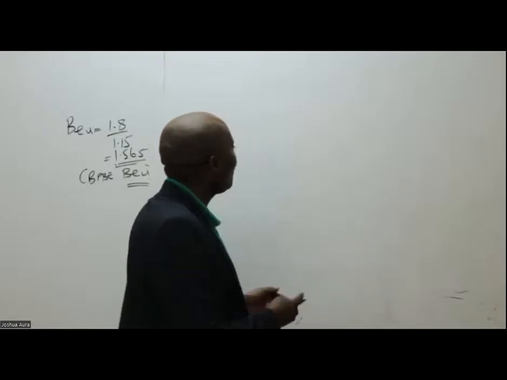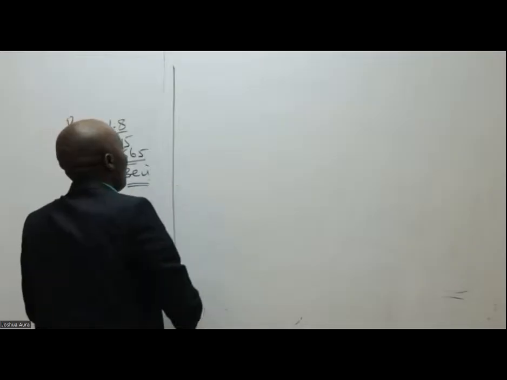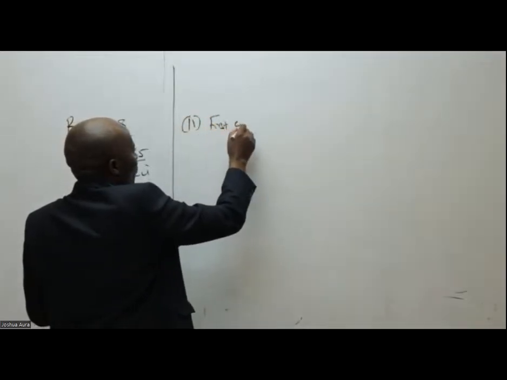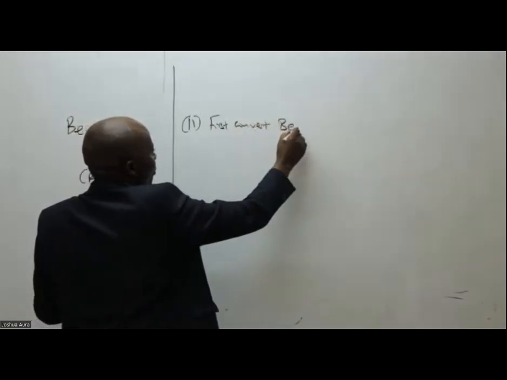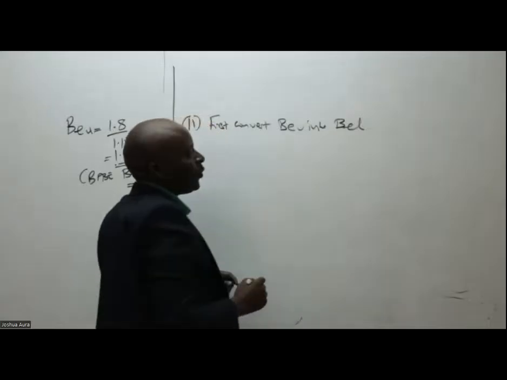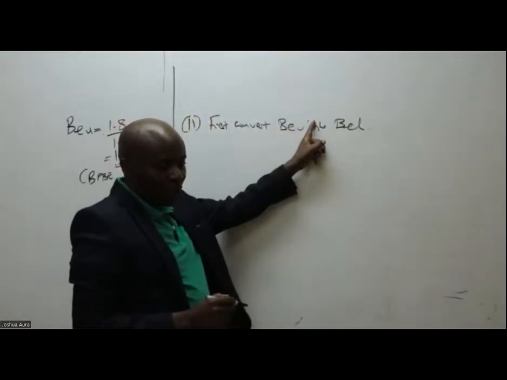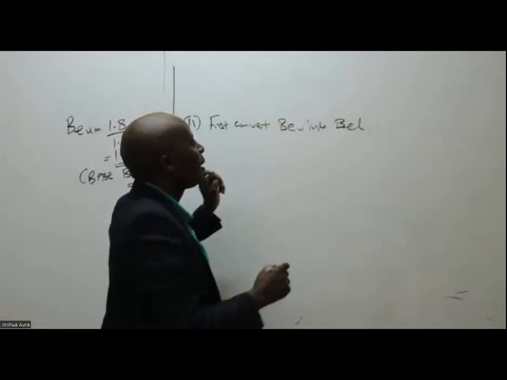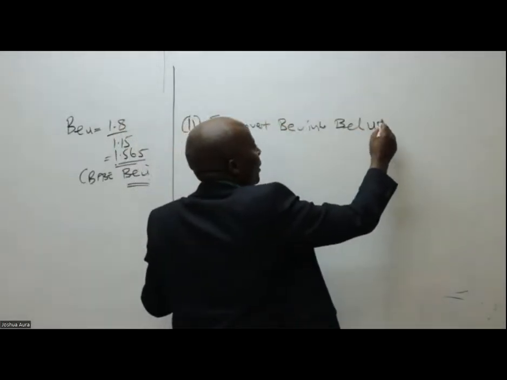So the first thing we need to do here, Roman 2, is convert BEU into what here? Into BEL, beta equity of a levered organization, using Hamada's model.